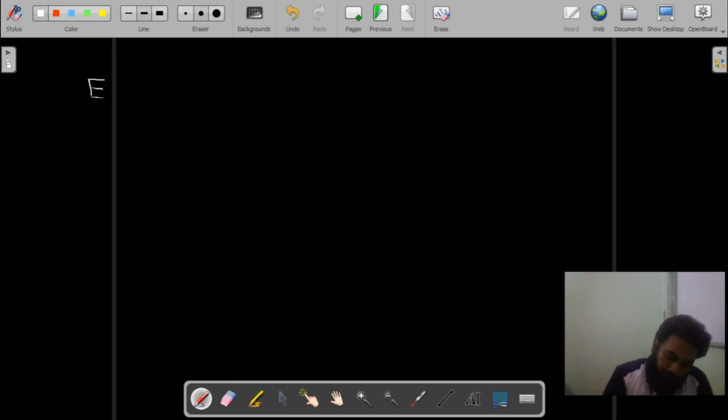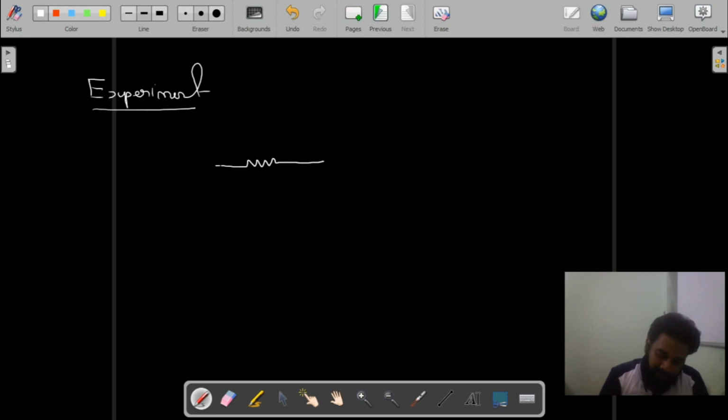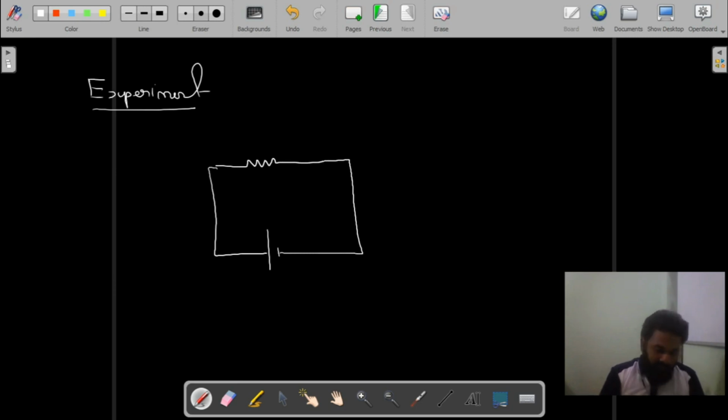Now suppose we take an experiment. Say for example, I connect a resistance to a cell and the EMF of the cell is given as 9 volt, which we have seen, how this 9 volt is measured.